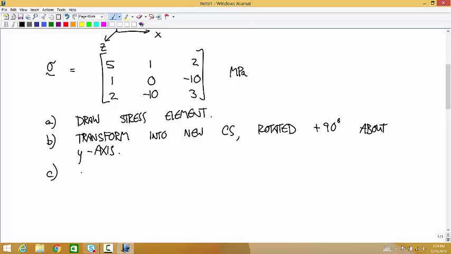And then we're going to draw the new stress element. And we're going to be able to see that the stress tensor we got is the right one because those stress elements are rotated 90 degrees from each other, and so the corresponding faces all have to have traction vectors in the same direction. You know what I mean?